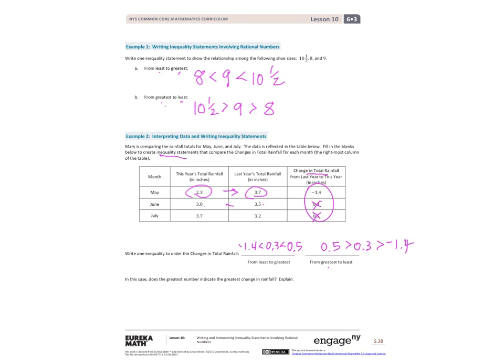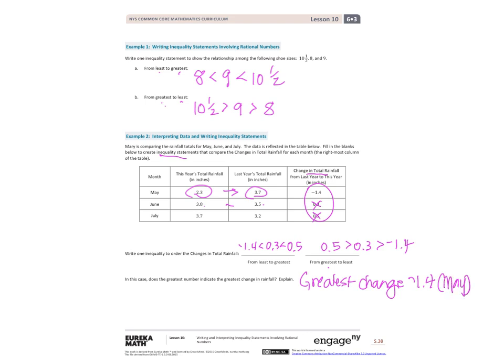The greatest number in the inequality statement is 5/10, but the greatest total rainfall change is negative 1 and 4/10. So I'm going to say the greatest change is negative 1 and 4/10, right, in May.